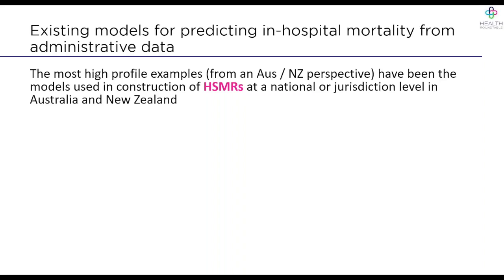So I'll just talk about 4 of the most prominent models that have been used here. And keep in mind, if you're not a fan of HSMRs or SMRs in general, especially of HSMRs, they're very controversial. So keep in mind that the underlying predictive model can be seen as separate to that, and its utility can certainly go beyond generation of HSMRs.